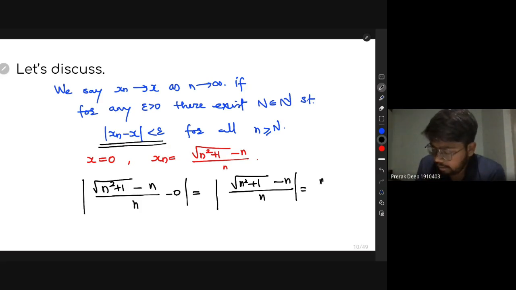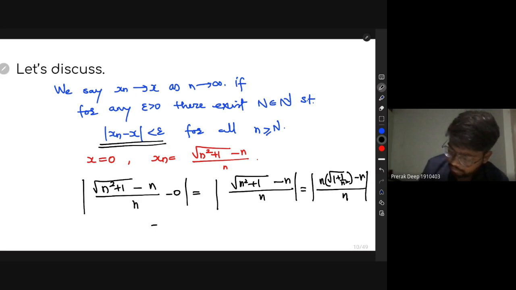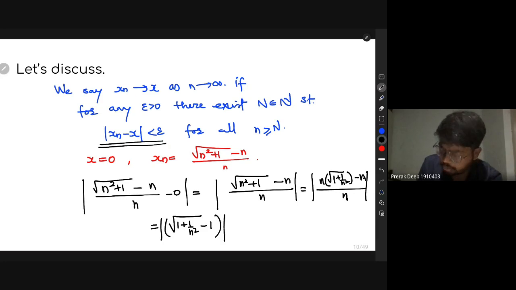In the first term you take n squared out, perform the square root on it, so you get n out, and inside it will be 1 plus 1 over n squared, minus n. Now you can divide by n, so you will get the square root of 1 plus 1 over n squared, minus 1, modulus of this.